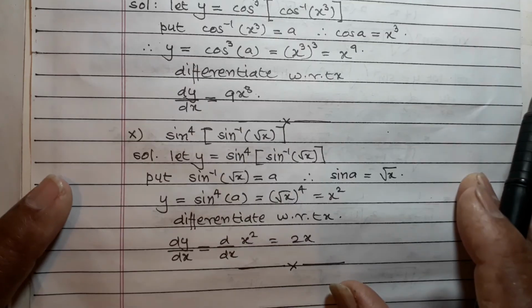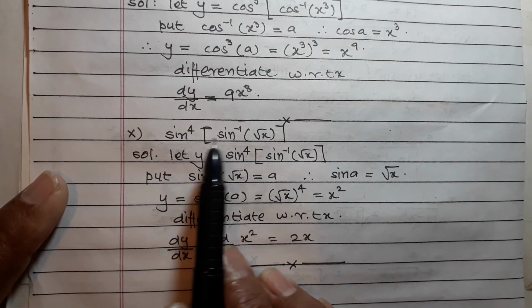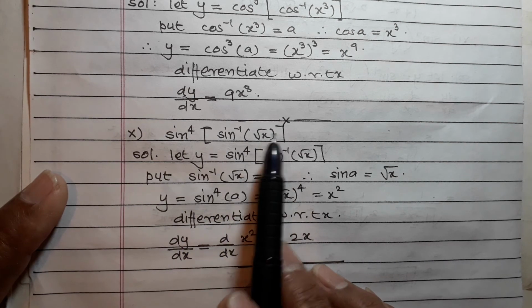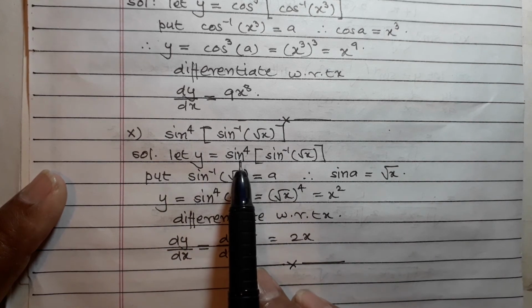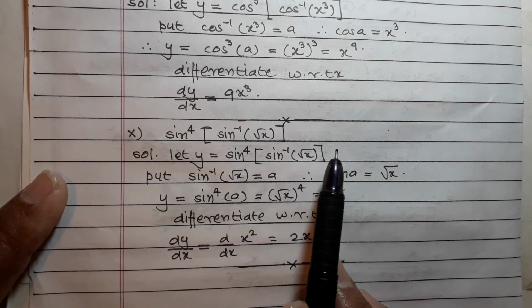Okay. Question number 10. sine raised to 4 of sine inverse root x. Okay. Let y is equal to sine raised to 4 of sine inverse root x.